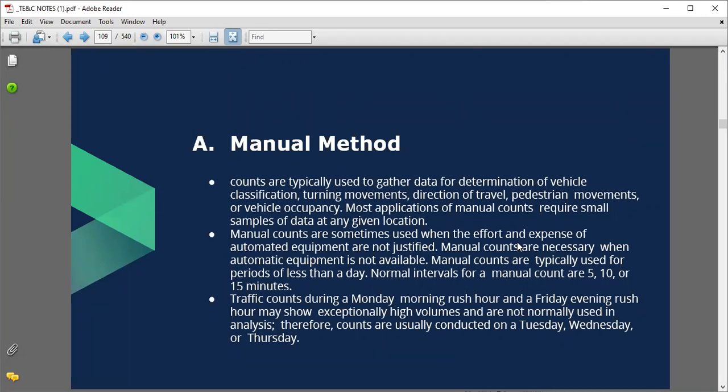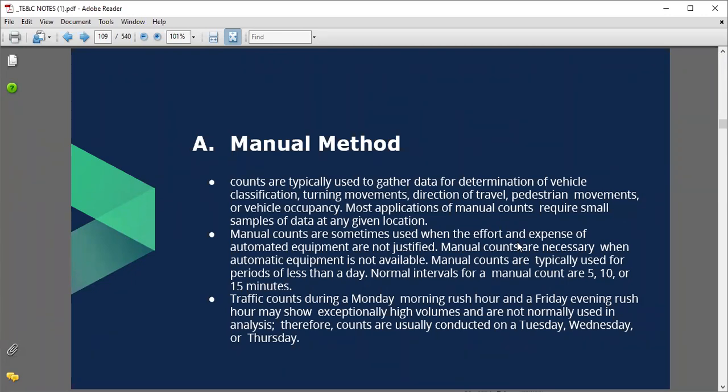So we'll move towards this. Counts are typically used to gather data for the determination of vehicle classification, turning movement, direction of travel, pedestrian movements, or vehicle occupancy. Most applications of manual counts require small samples of data at any given location.